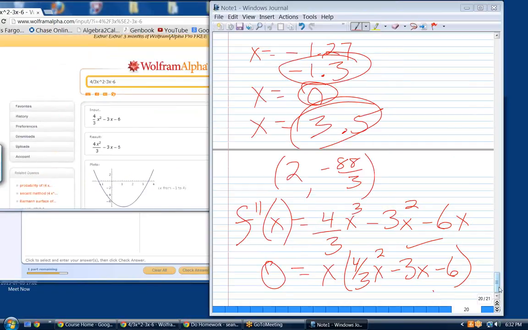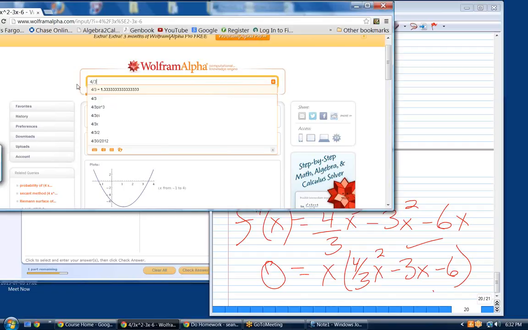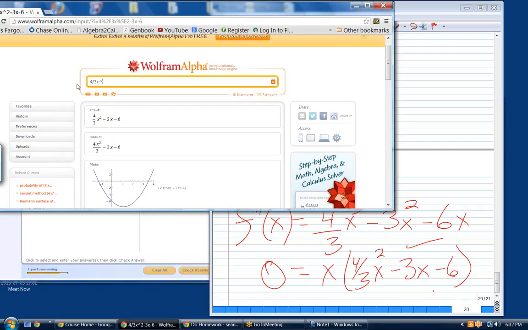So, this is going to be, let's plot this whole thing here. 4/3 x cubed minus 3x squared minus 6x.